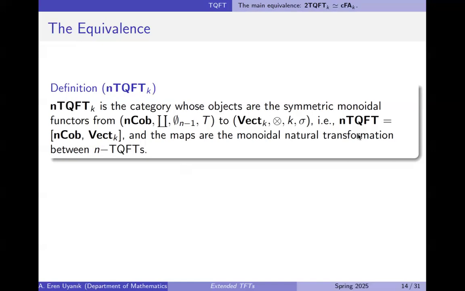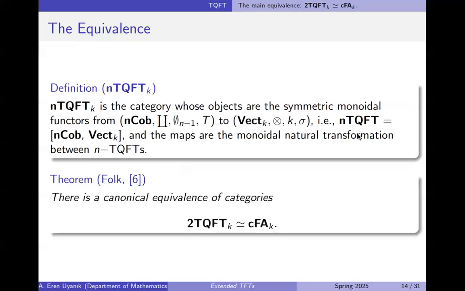We represent it as nTQFT. And here was our main theorem from the previous semester: there is a canonical equivalence of categories in dimension 2. 2TQFTs are the same as commutative Frobenius algebras.